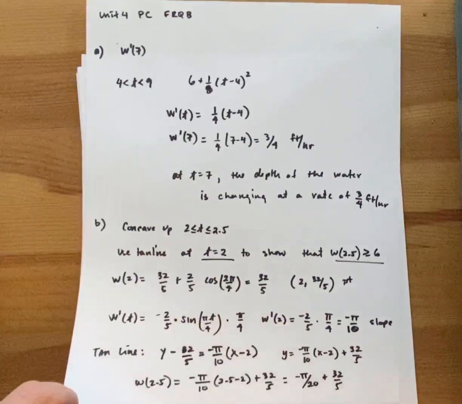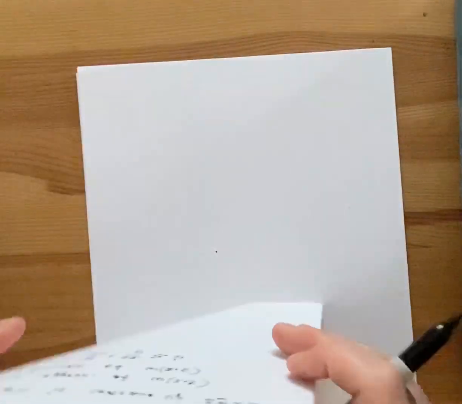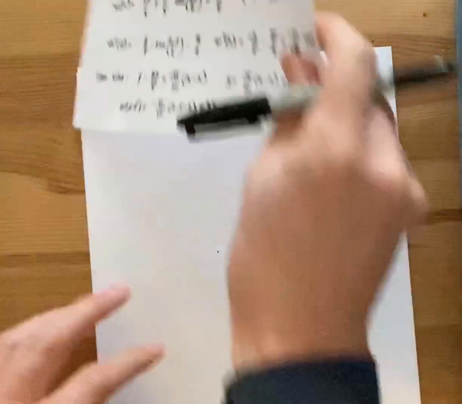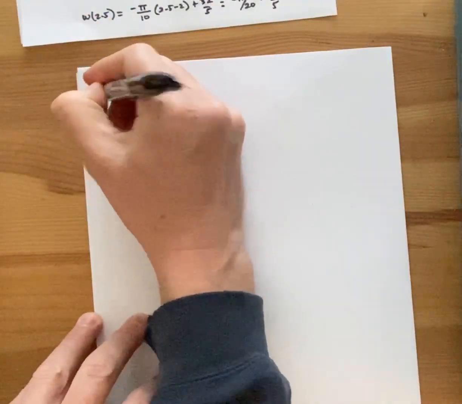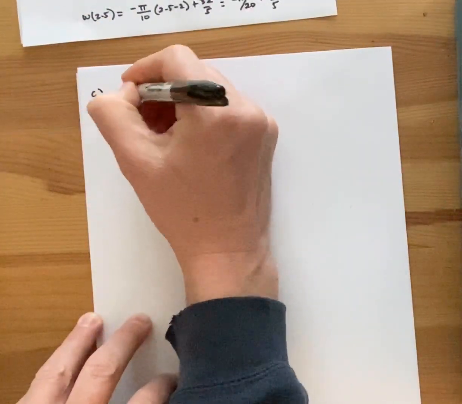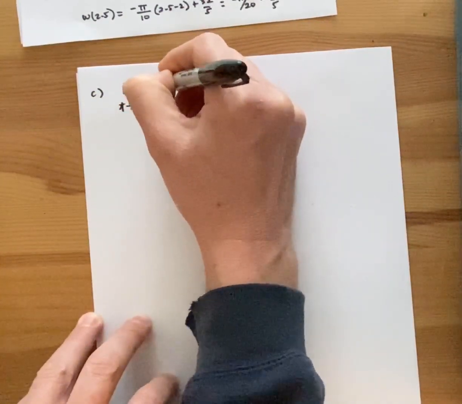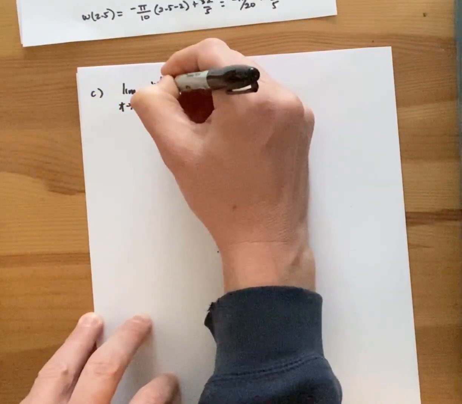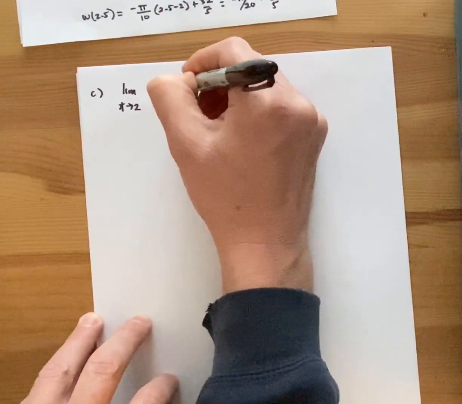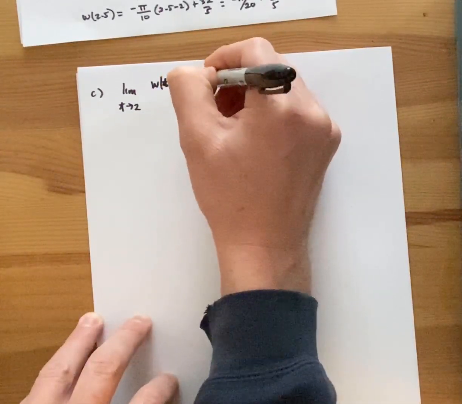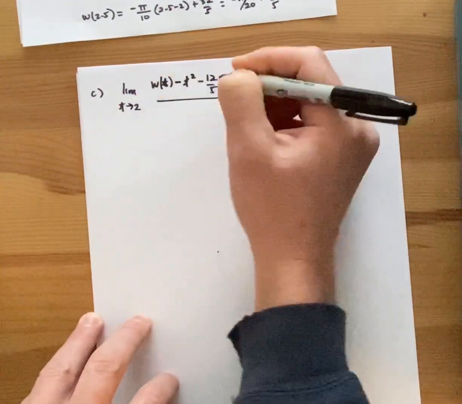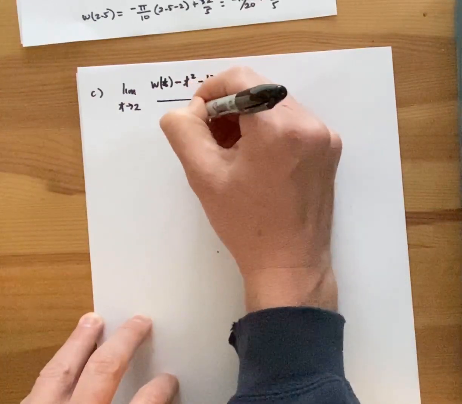Oh, part C is cool, the limit. Okay, so part C, they give us, what's the limit as t goes to 2 of W of t minus t squared minus 12/5 all over t minus 2.